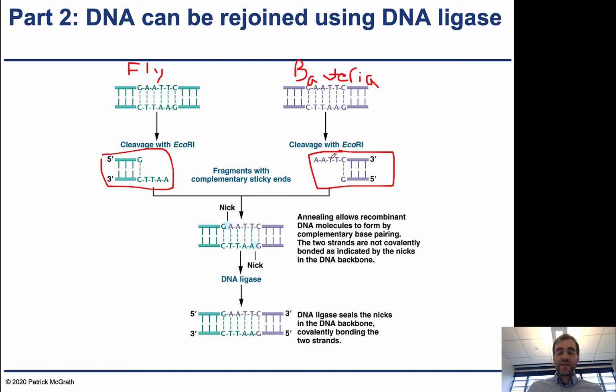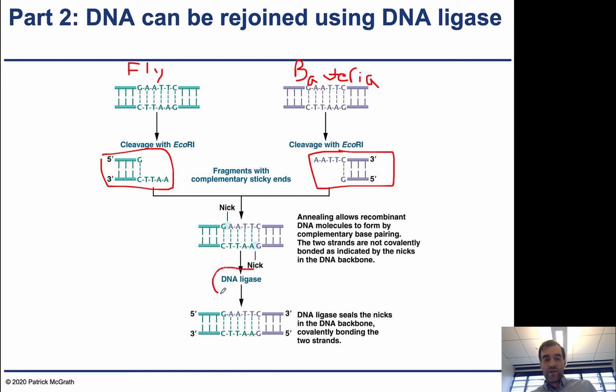If we mix these together, one of the chimeras that can be formed is between this fly DNA and bacteria DNA, as long as the overhangs are compatible. This is called annealing, and the initial thing that happens is the DNA strands anneal together, held together by hydrogen bonds. They're not covalently bonded because there are these small nicks that would still remain.